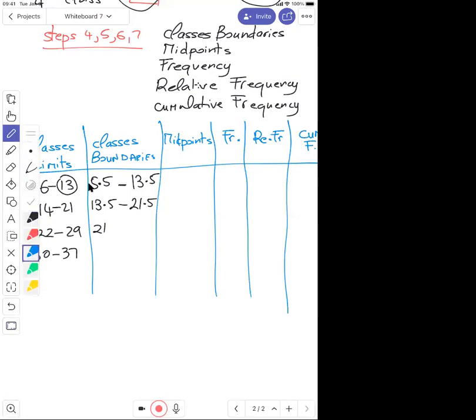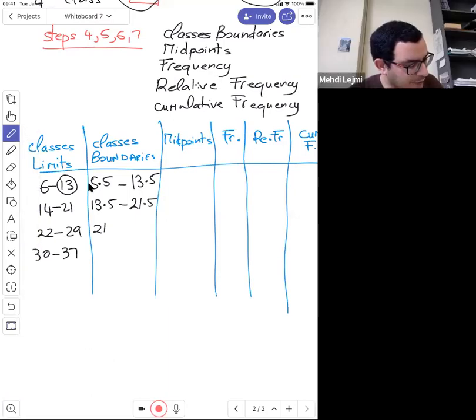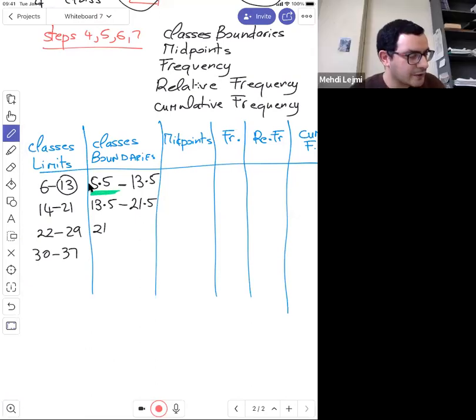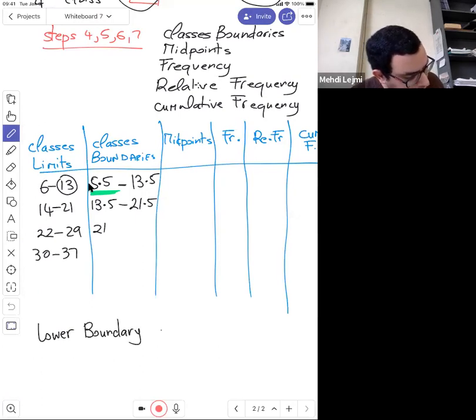Okay. So for the lower boundary, like this 5.5, how I got this 5.5: what we do is we subtract. Let me write down here the formula. The lower boundary is the lower limit minus 0.5.